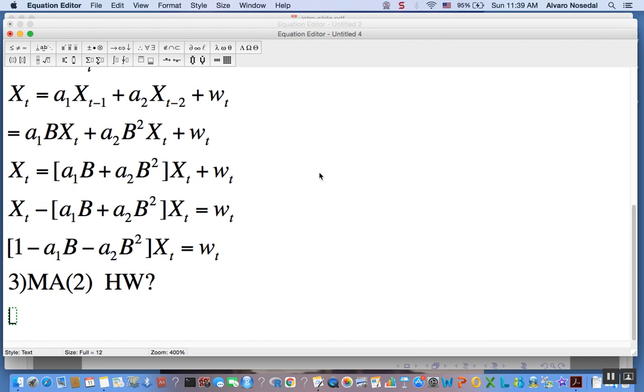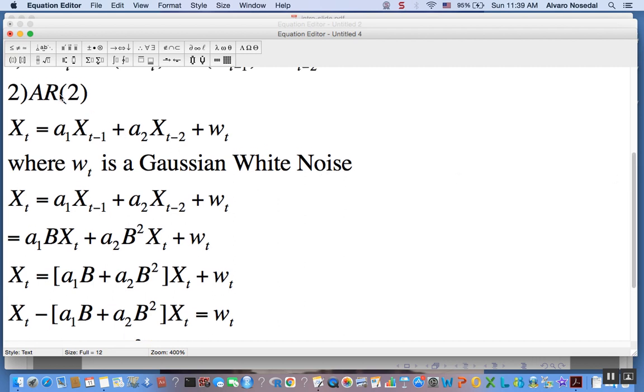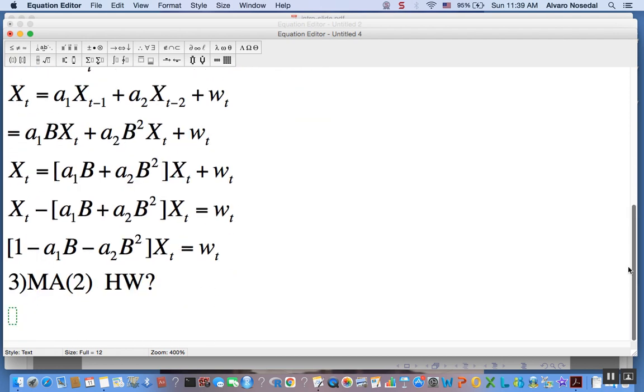Okay, so what we saw is that we went from this expression for the autoregressive process of second order to this expression in terms of the backward shift operator. Okay.